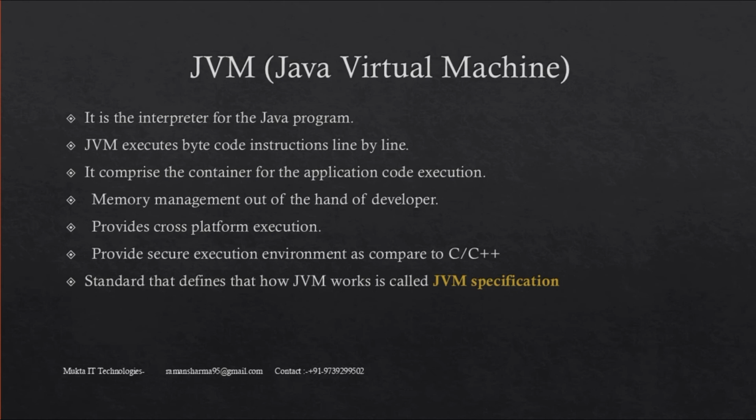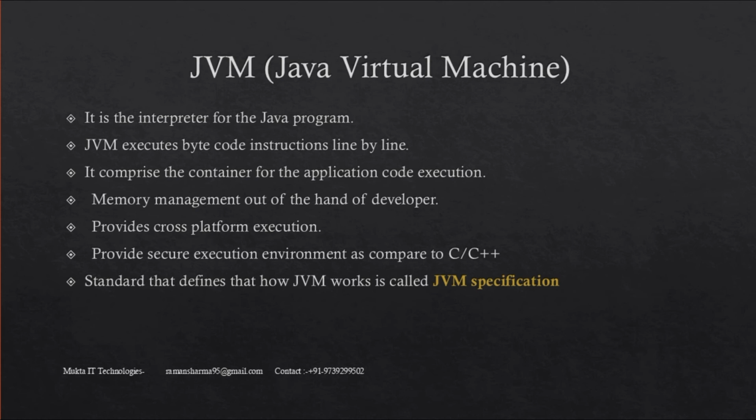When the bytecode is executed, in other programming languages, what will happen? The application is directly converted into machine code, and the machine code goes to the CPU or memory. But in Java, it runs a little differently. The JVM is basically a box under which the complete Java application is running.